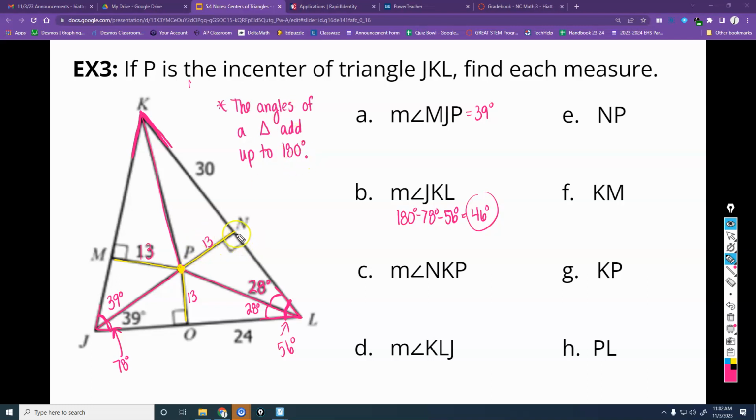All right, so then they ask us for NKP, which is half of that angle we just found. Since that's bisected, we just take half. We're going to get 23 degrees there.